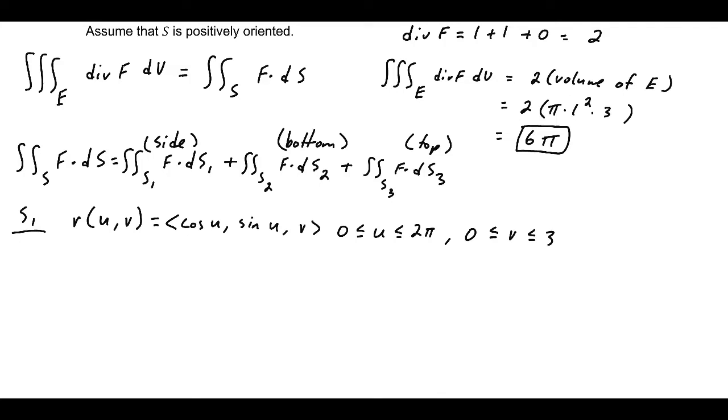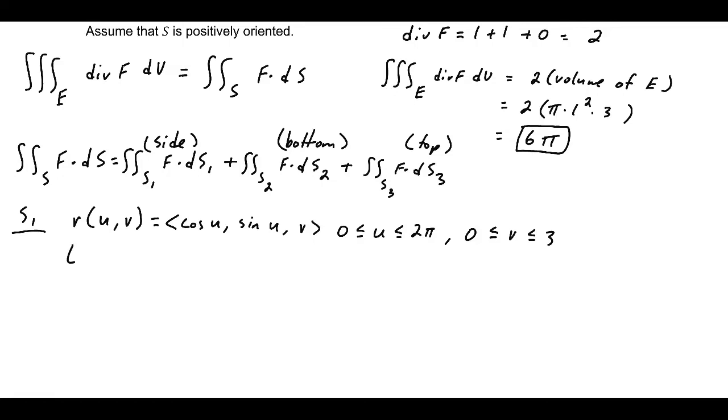Think about this for a moment. A cylinder is made up of an infinite number of stacked circles, so cosine u, sine u, where u is between 0 and 2 pi, represents each of those circles, and then the z component ranges from 0 to 3 because it has a height of 3.